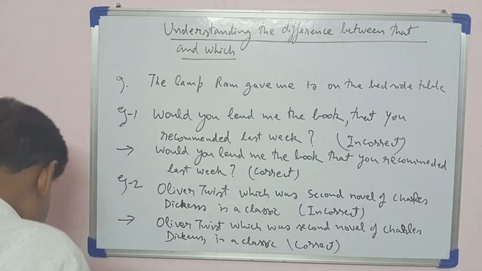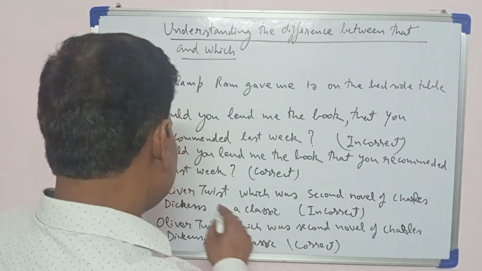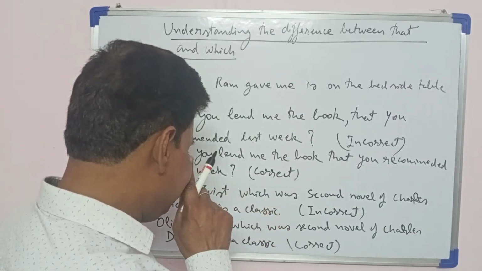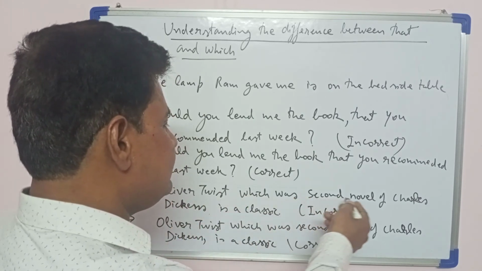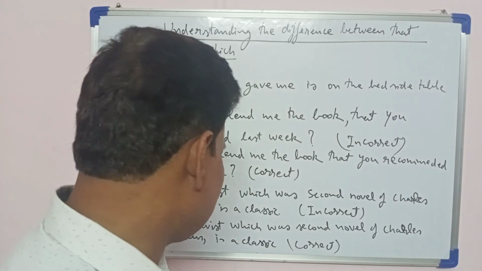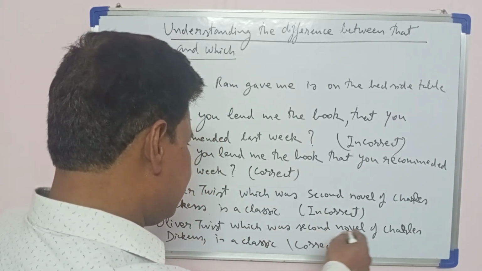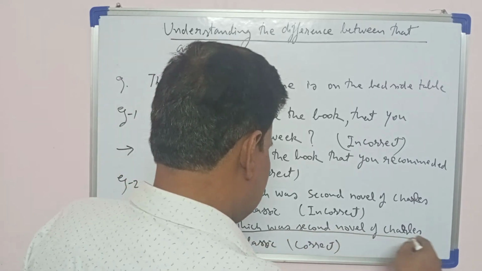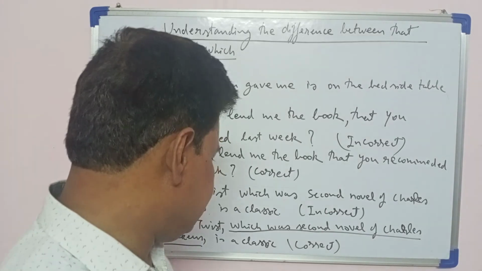Why? Because you can easily see that which should always be preceded by a comma. Okay, so Oliver Twist, which was second novel of Charles Dickens, there should be a comma before that. That's why it is incorrect. Oliver Twist, which was second novel of Charles Dickens, is a classic.